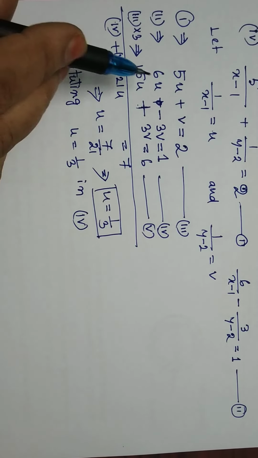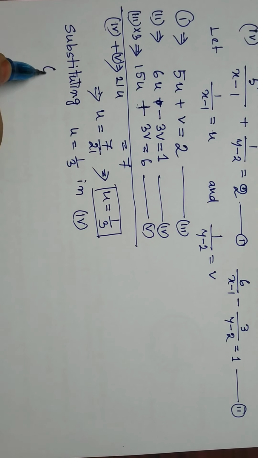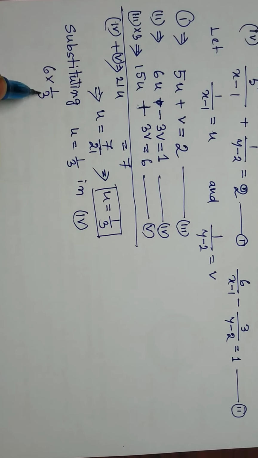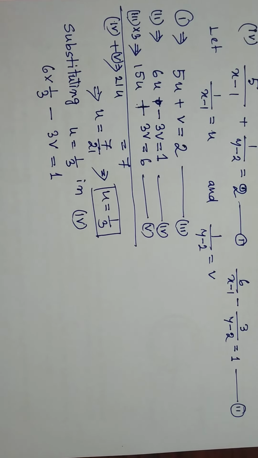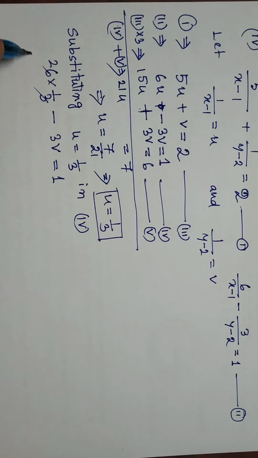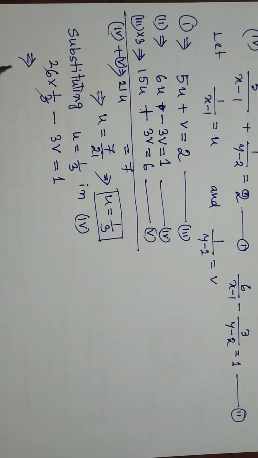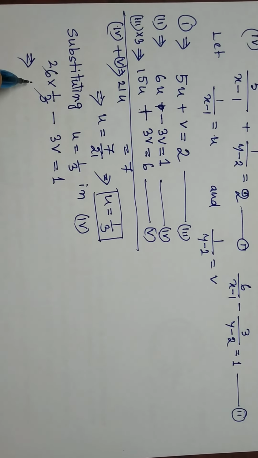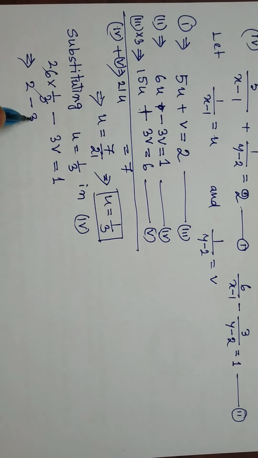Therefore if we put in 4, then 6 into 1 by 3 minus 3v equal to 1. Now if we cancel, then we will get 2, that means 2 minus 3v equal to 1.